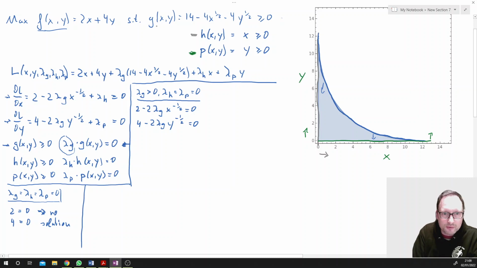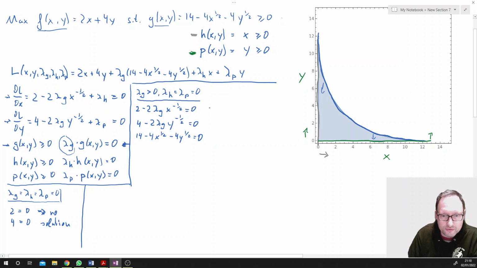So if we take our g constraint and just look at the equality, we get our third equation, 14 minus 4x to the half minus 4y to the half is equal to 0. So now we have 3 equations and we have 3 unknowns.